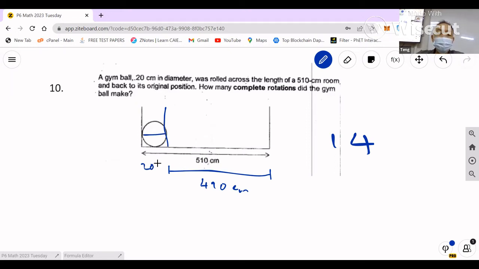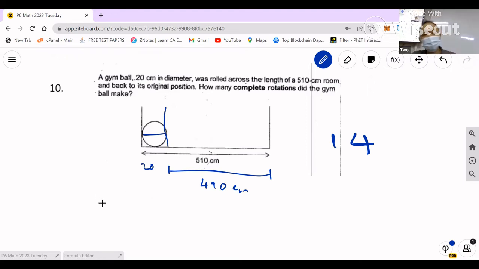So once you figure that out, the rest is very simple, because all you have to do is find the circumference, then you take 490 divided by circumference. That will be the number of times it rolled. Okay, so let's just work it out. Now that I know the diameter is 20, what is the formula for the circumference? It's pi d.